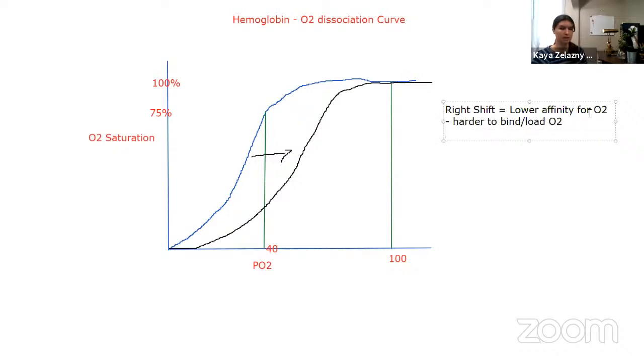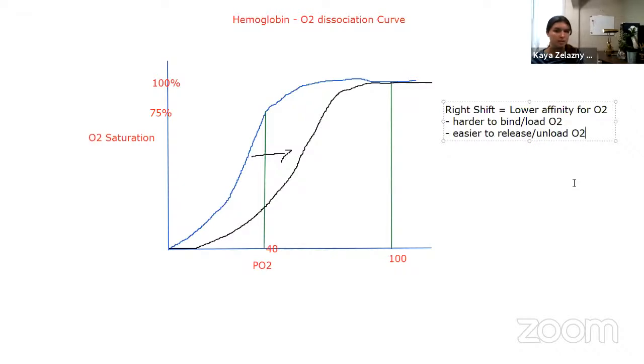But the cool and useful converse of this is that it's easier to get the O2 off. So we're going to say, right, it's easier to release or unload O2.